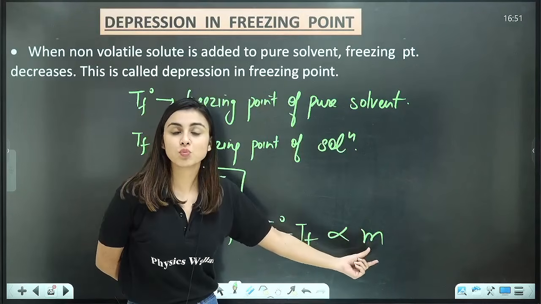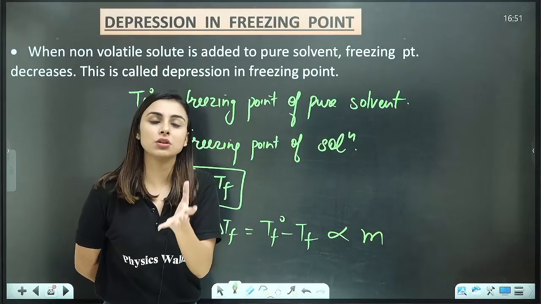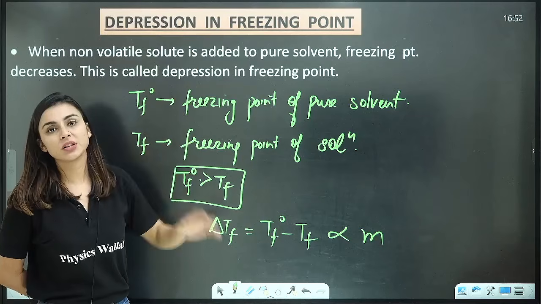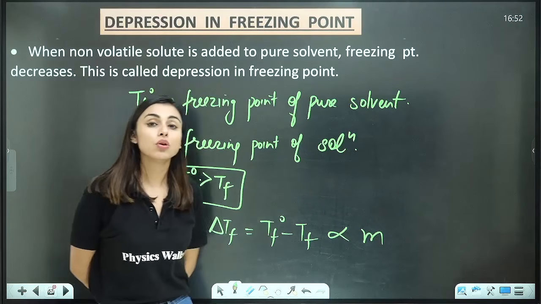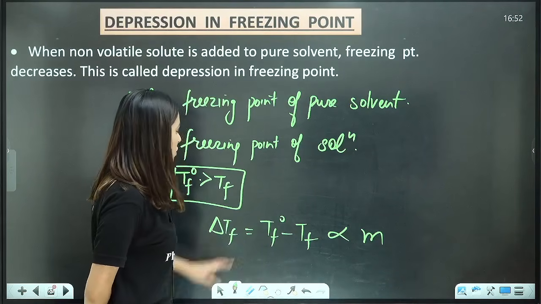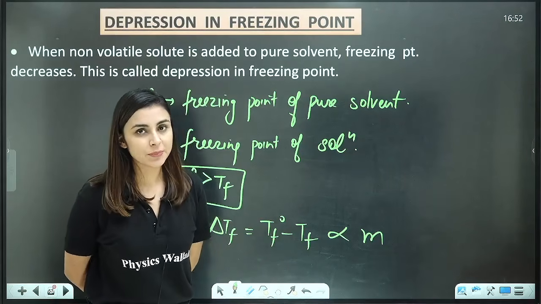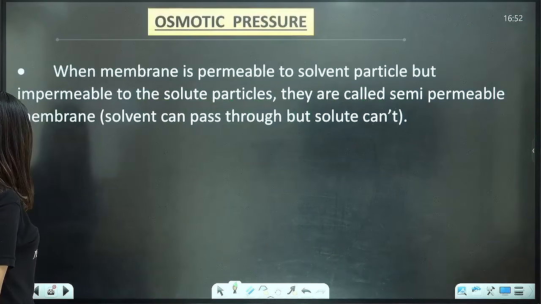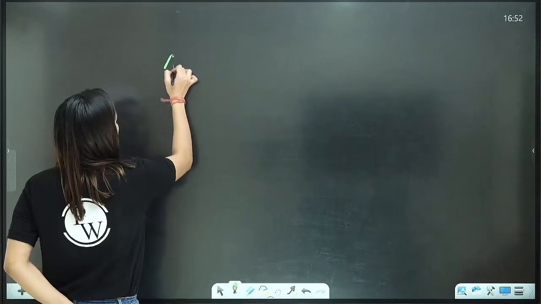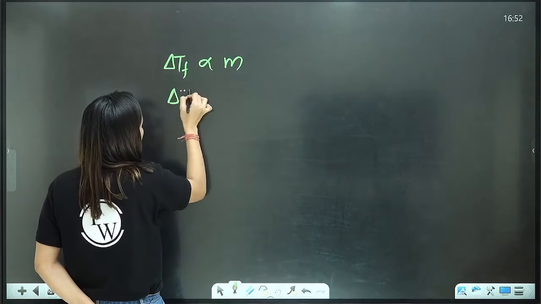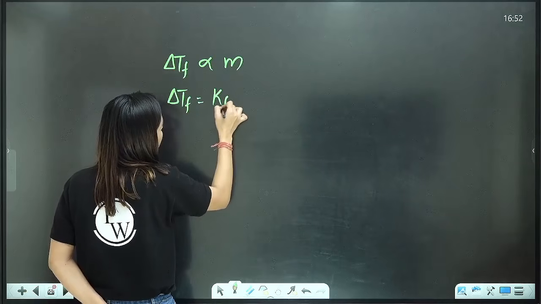The more non-volatile solute you add, the more will be the depression in freezing point. So ΔTf is directly proportional to molality. ΔTf is equal to Kf into molality.